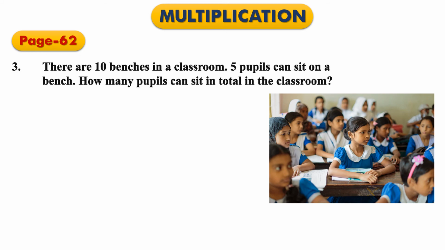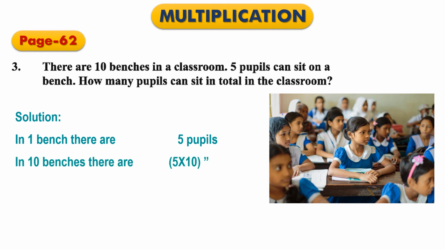So let's go and find out the solution. As you can see, we need to find out more, that's why it will be a multiplication. So let's go for the solution. The solution says in one bench there are 5 pupils. As you can see in the question, it says in one bench there are 5 pupils.